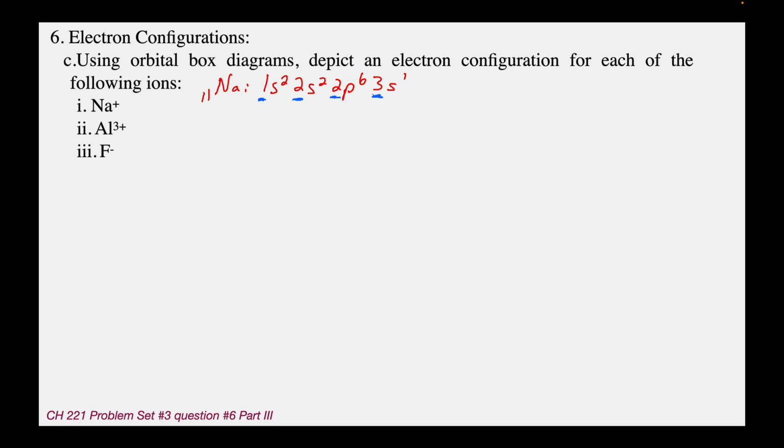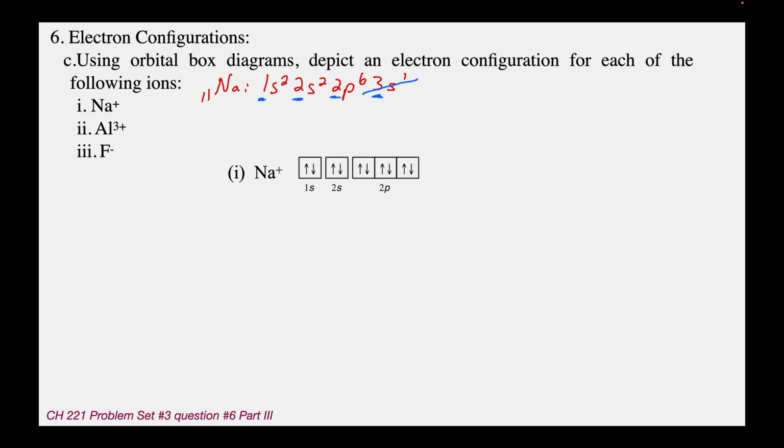Highest n comes out first, followed by highest n plus L. So in this case, highest n is 3, the 3s electron. That 3s1 electron is going to be the first electron out. So sodium with a +1 charge is going to have 1s2, 2s2, 2p6.